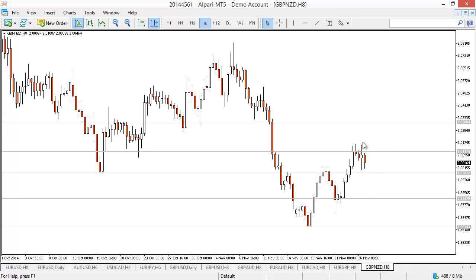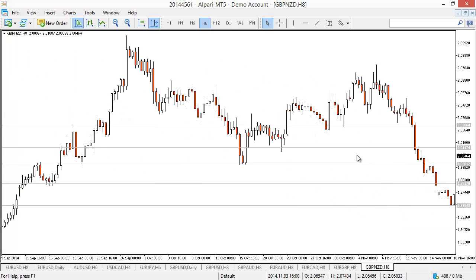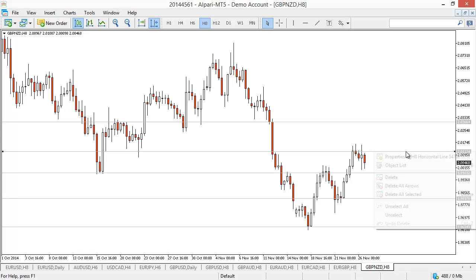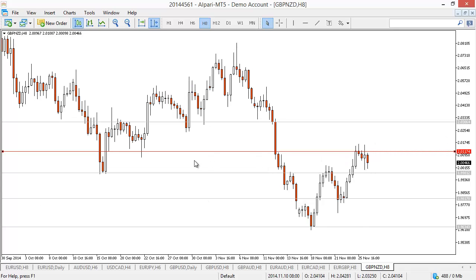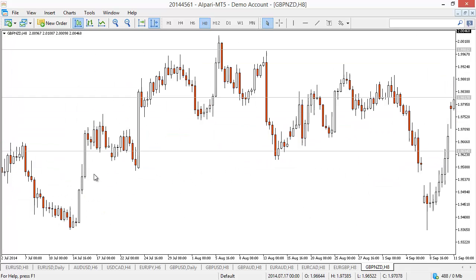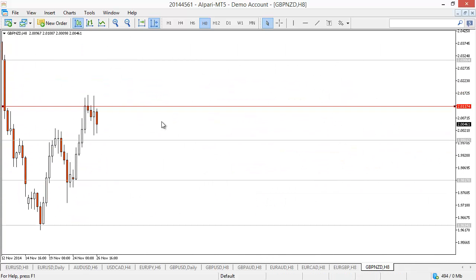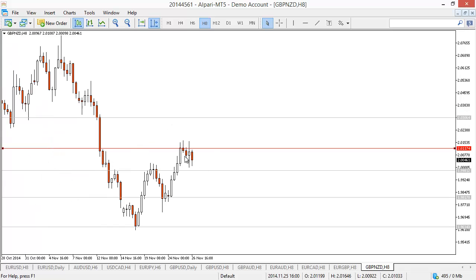So I'm not sure if I would have taken this trade because it's a little bit, wait, let me change the color of this line real quick. It's just easier to track a line back when you change the color of it. Yeah, maybe I would have taken this, maybe not, I'm not sure.